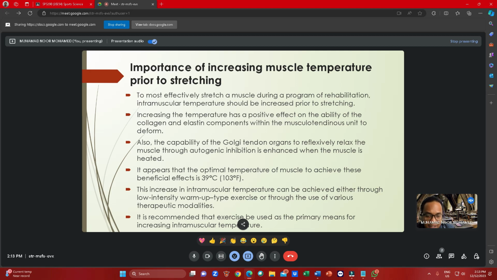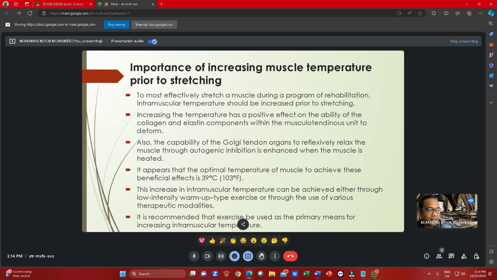It is recommended that exercise be used as the primary means of increasing intramuscular temperature. So in layman's words, we need to precede stretching with warm up. Go for warm up first, have a bit of intramuscular temperature increase, and then we go for greater stretching to get a greater range of motion. Okay, start with warm up and then go to stretching.